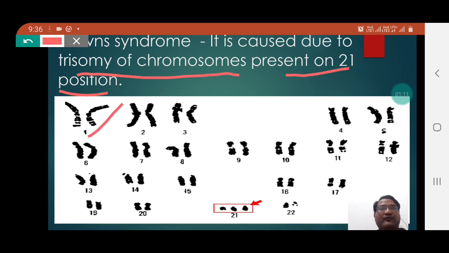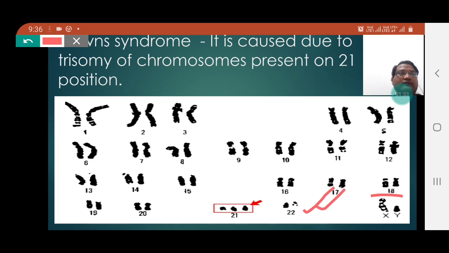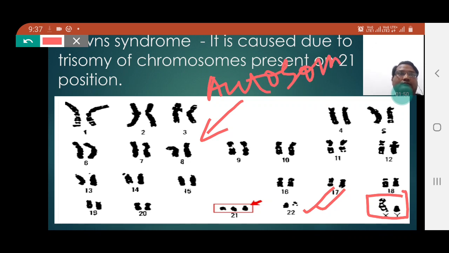that there are a huge number of chromosomes, and the total number of chromosomes is 22 pairs here, which you can see, and one pair of sex chromosomes, that is X and Y. So students, these chromosomes which don't determine the sex of the individual are called autosomes.